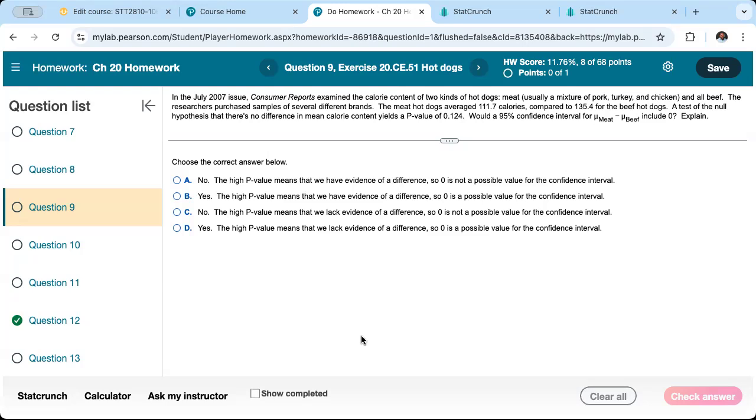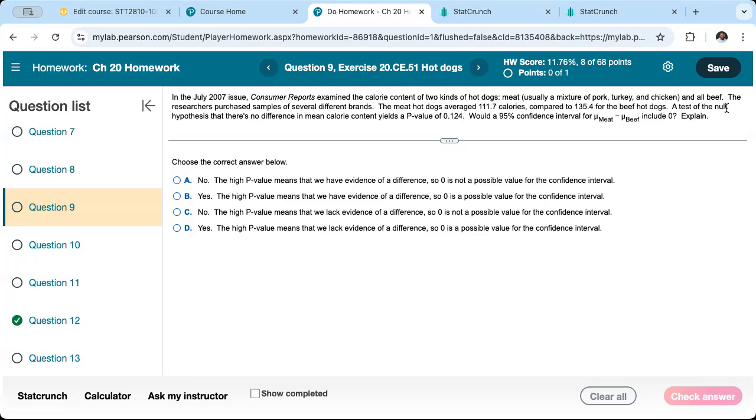So when we read this here, it says that in the July 2007 issue, Consumer Reports examined the calorie content of two kinds of hot dogs: meat, usually a mixture of pork, turkey, and chicken, and all beef.